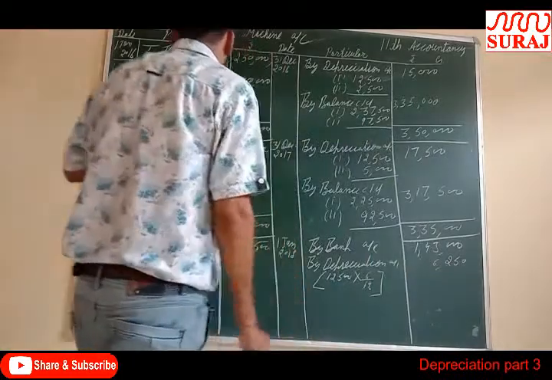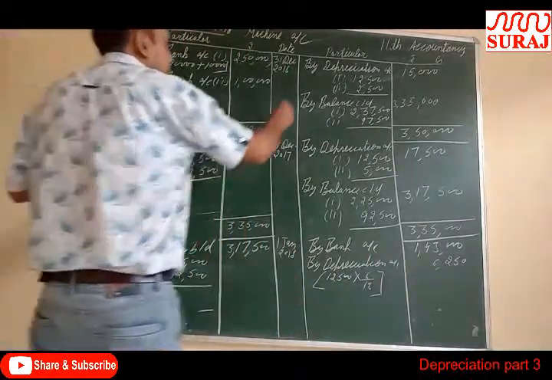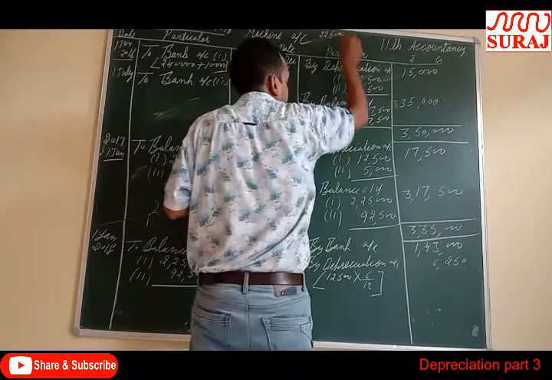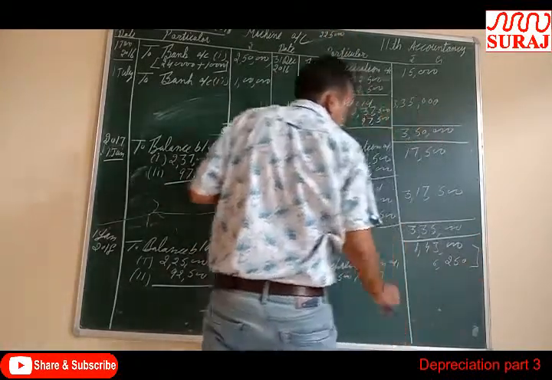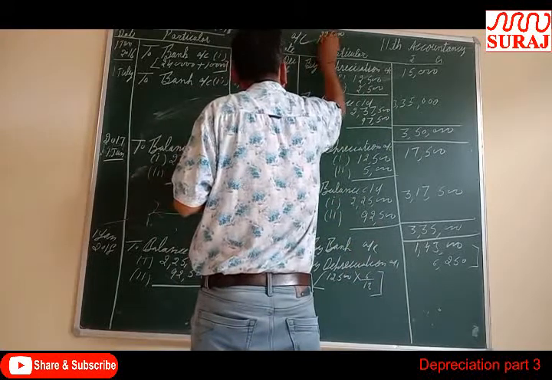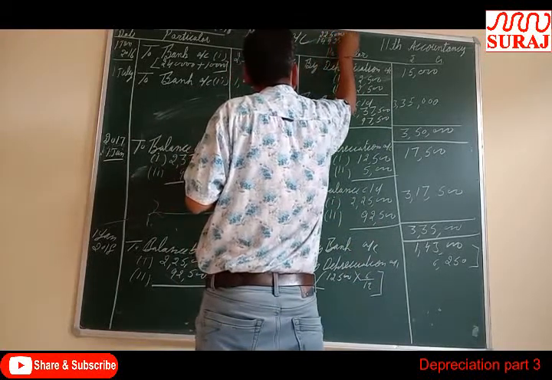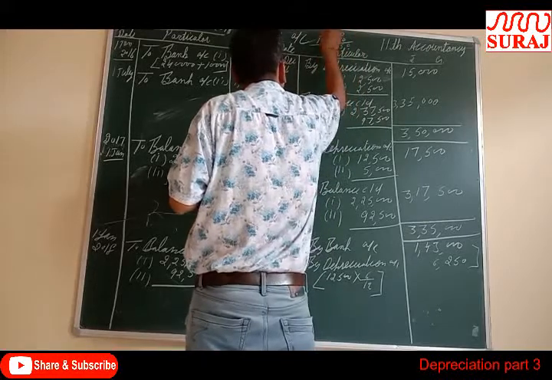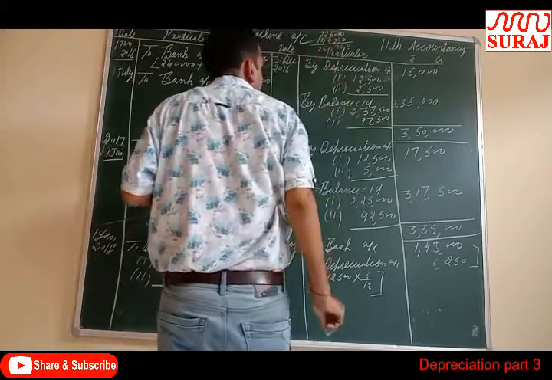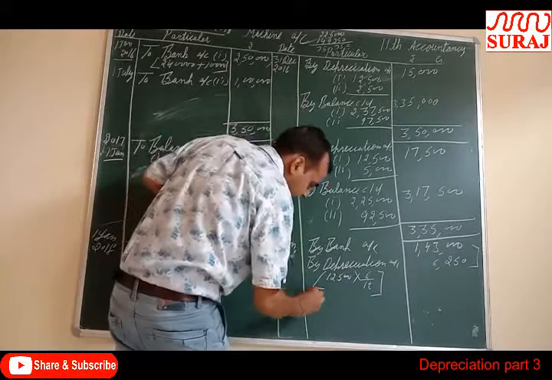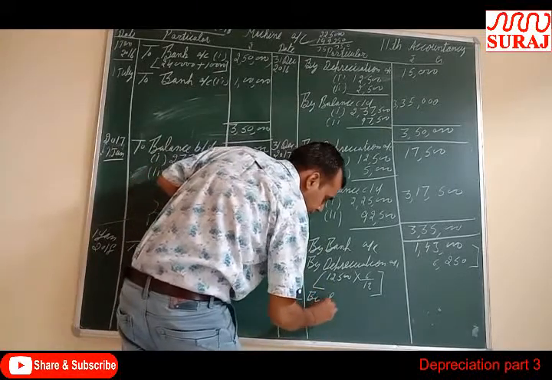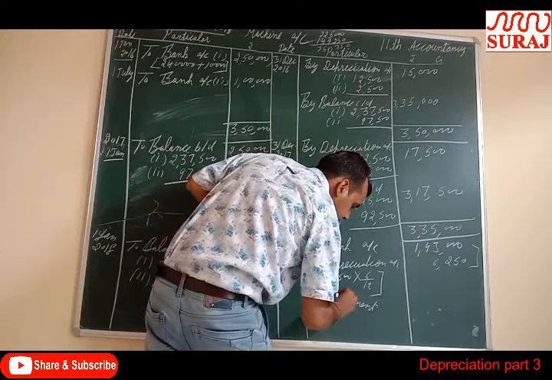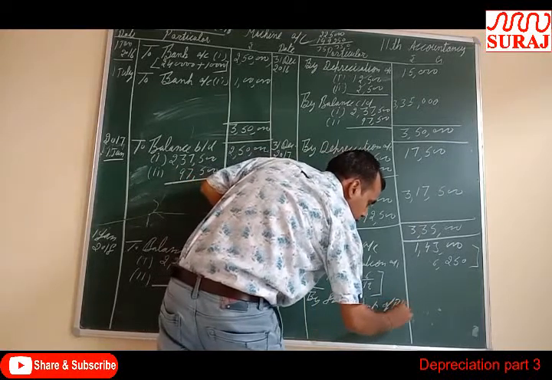Then calculate profit or loss. The book value is 2,25,000 minus 6,250, which is 2,18,750, and subtracting the sale price gives a loss of 75,750, by statement of profit and loss.